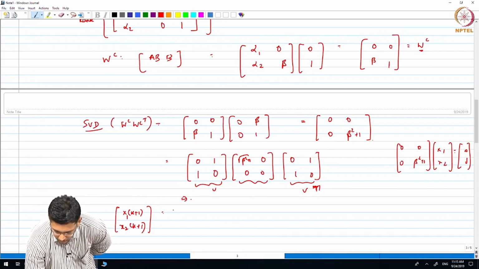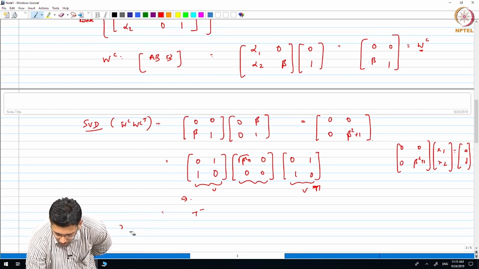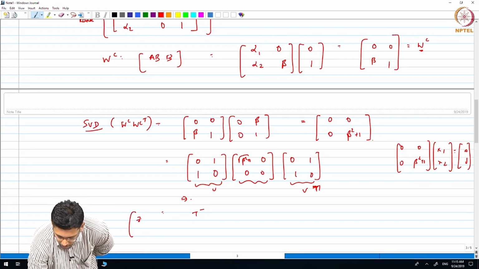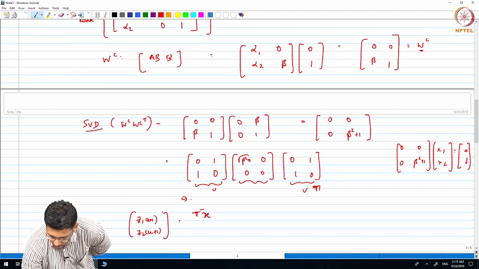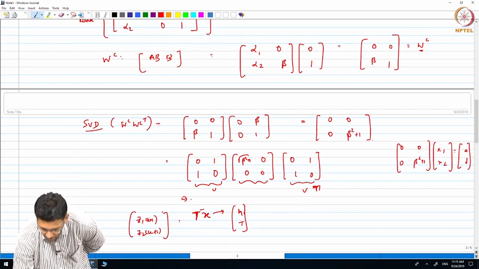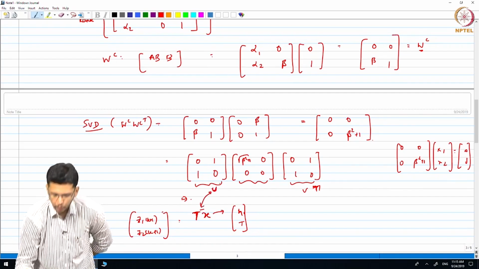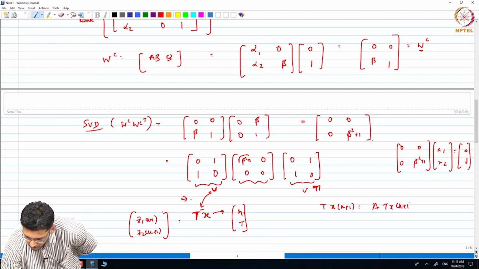The transformation will be, I'll name it as Z1 of k plus 1, Z2 of k plus 1, where x is h and T. The transformation T which you have here is your U. When you make this transformation, you will get T x of k plus 1 equal to A T x of k plus B u of k.